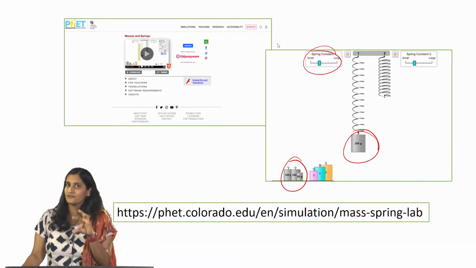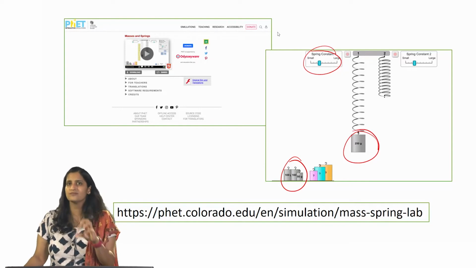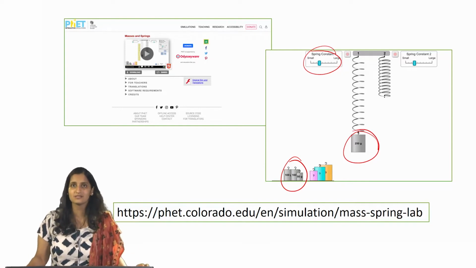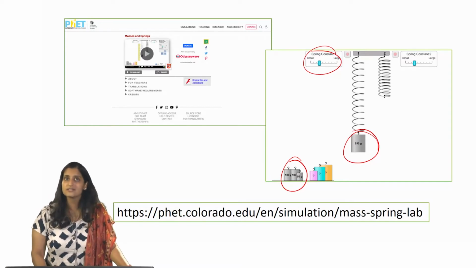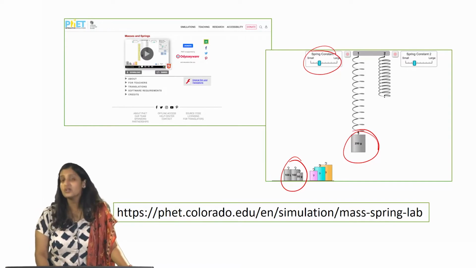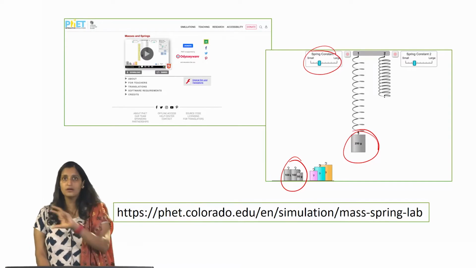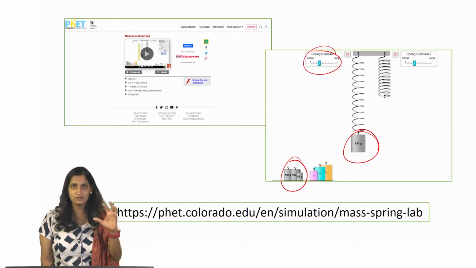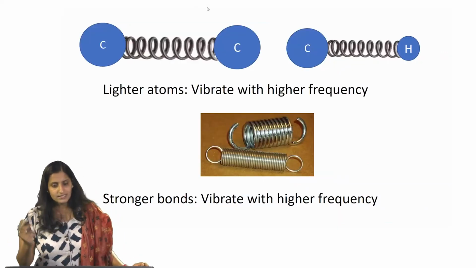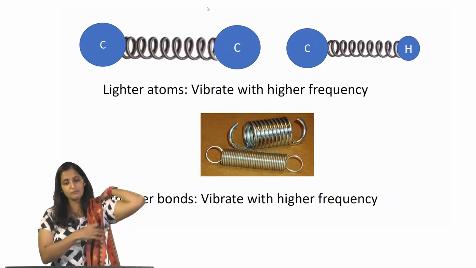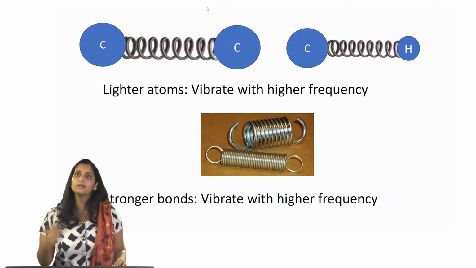core principle of IR spectroscopy is very similar to these springs as we were talking about. So that's why I want to now start talking about bonds in general and go to actually applying that principle to the chemical bonds or the covalent bonds that we have talked about. So now let's take two bonds. One is a carbon-carbon bond and one is a carbon-hydrogen bond.